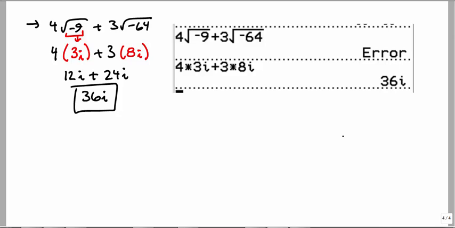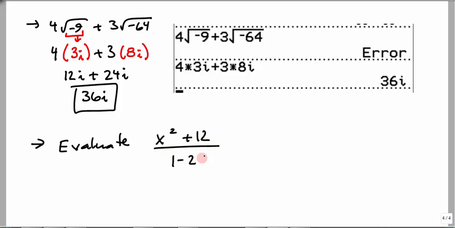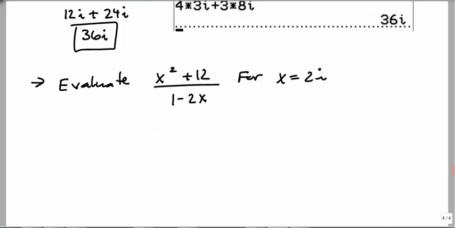Another type of problem that you'll run across is simplifying. So you'll be asked to substitute a complex number into an equation and solve. So for instance, you might have something like evaluate (x squared plus 12) all over (1 minus 2x) for x equal 2i. Something like that.